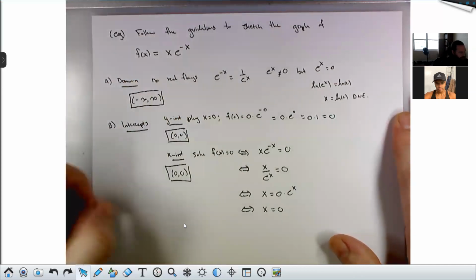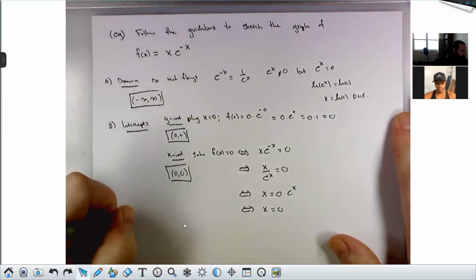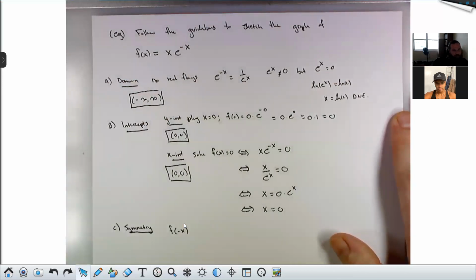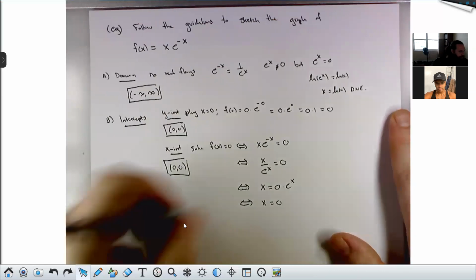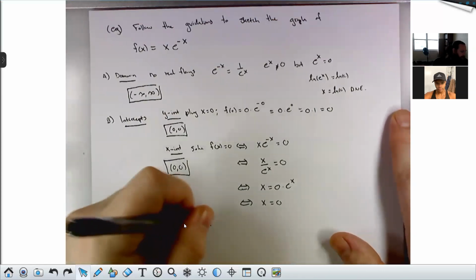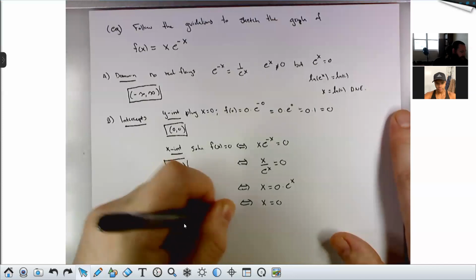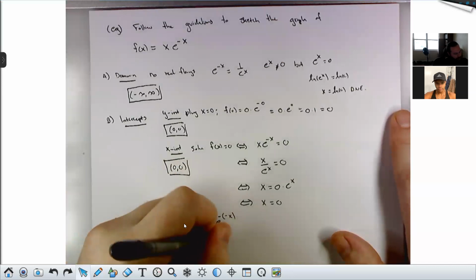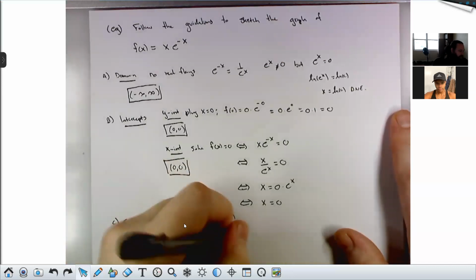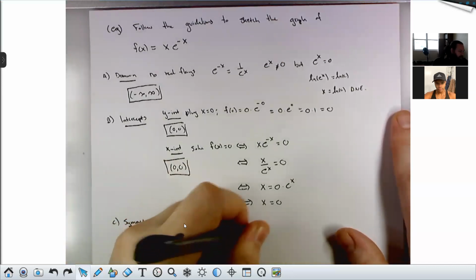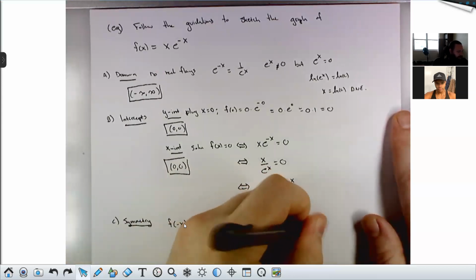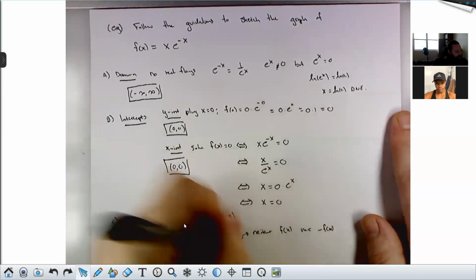My next move is to look for symmetry. To do this, we replace x by negative x and see what happens. Here I get negative x times e to the negative of negative x, which is negative x times e to the x. And this is neither f of x nor negative f of x.